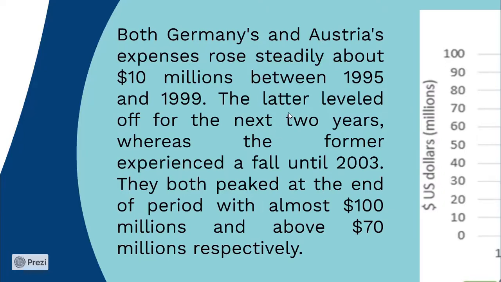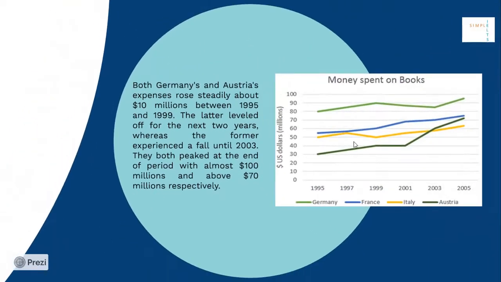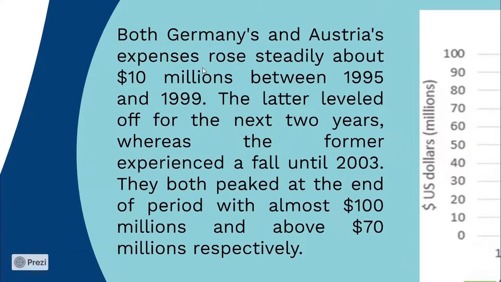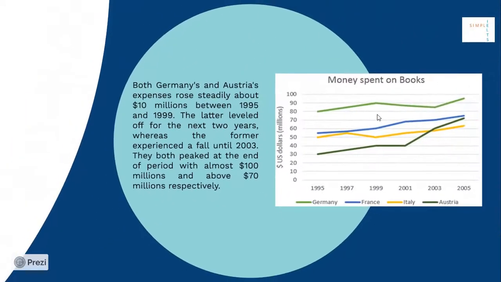So from 1999 to 2001, it leveled off, or it staggered, still at 40 million US dollars. Whereas the former, which means Germany, experienced a fall until 2003. So the number decreased until 2003.